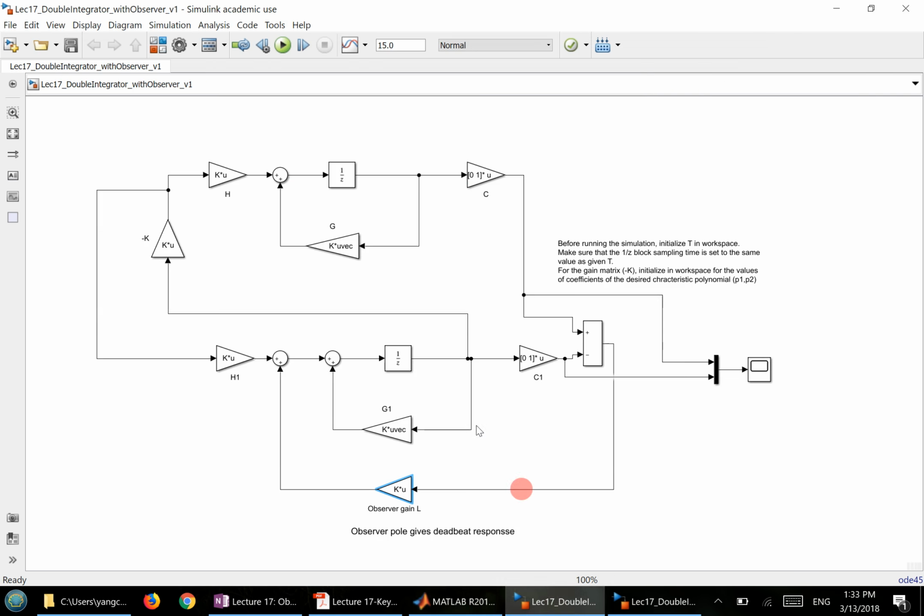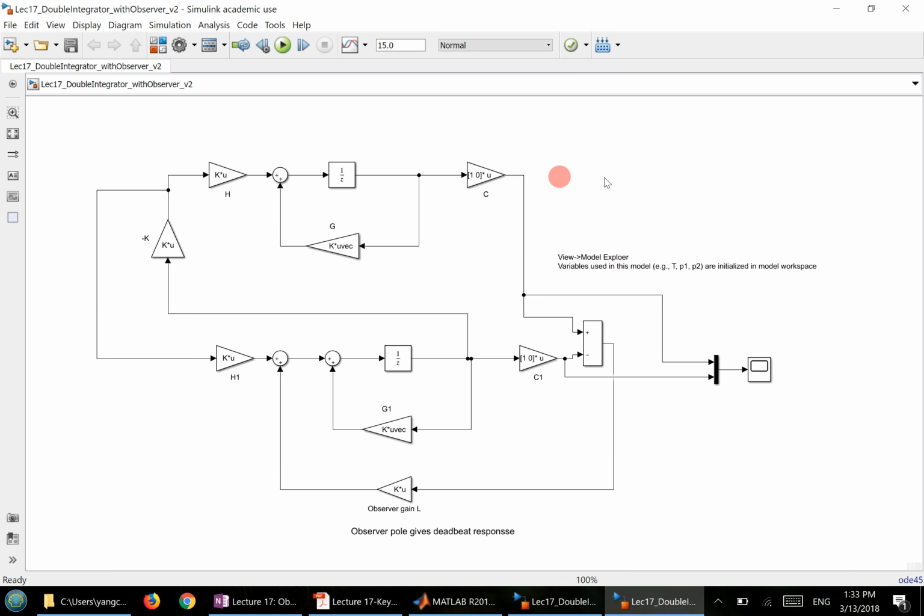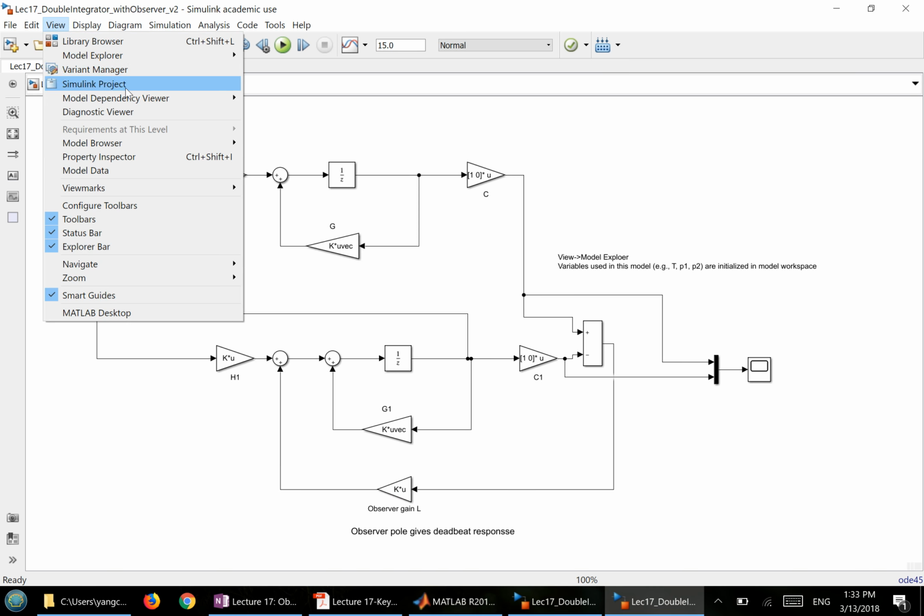The other one, I will come back to this again. There's another way to initialize the formula in MATLAB. You click on View, go to Model Explorer, and then go to Model Workspace.